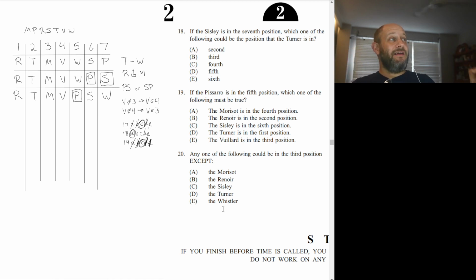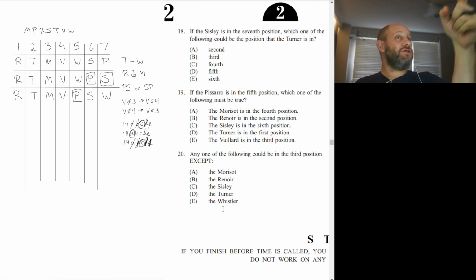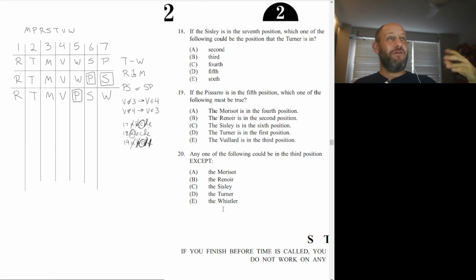But making that deduction is challenging, whereas just showing that 4 of them can be false is pretty easy, because I had most of my clues already from the work I had already done. So I really didn't need to do all that much to make it happen. And so now we can go on to number 20. So I will make my row line here, and I'll move on to number 20.